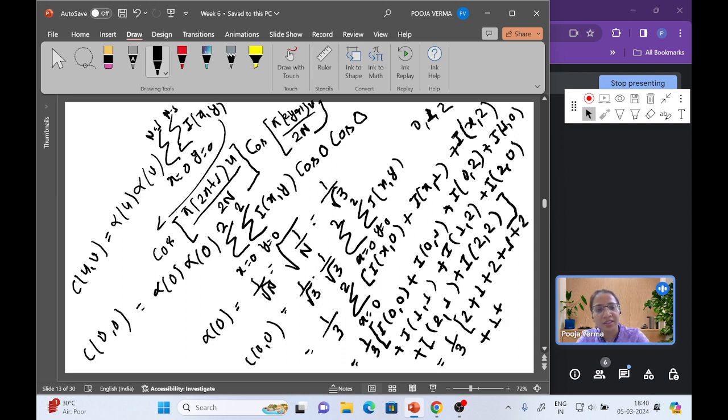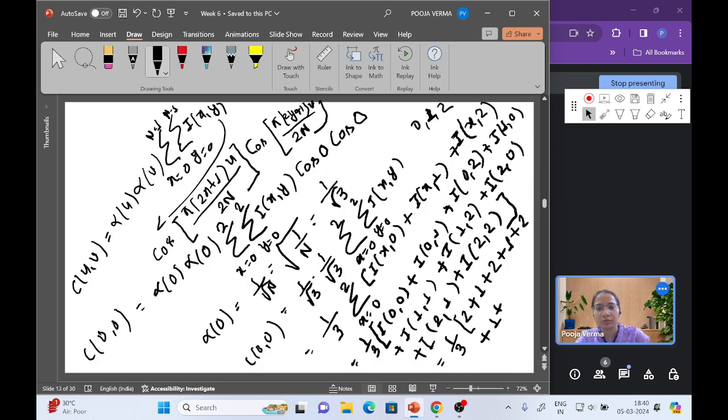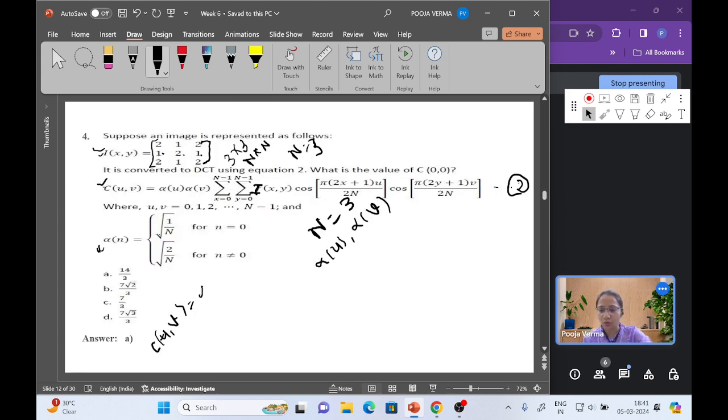Similarly, what is the value of I 2 comma 0, 2 comma 1, and 2 comma 2? 2 plus 1 plus 2, right? So what is the summation of all these components? 2 plus 1 is 3, 3 plus 2 is 5, 5 plus 3 is 8, 8 plus 1 is 9, 9 plus 2 is 11, 11 plus 3 is 14. So 14 by 3. So let's see if the answer matches the options. Option A is 14 divided by 3, that is what we get. So the correct option is A only.